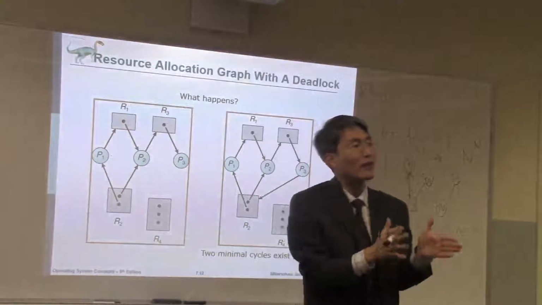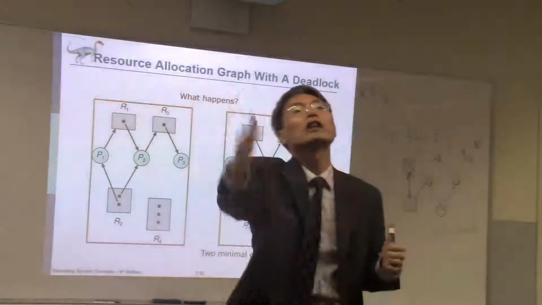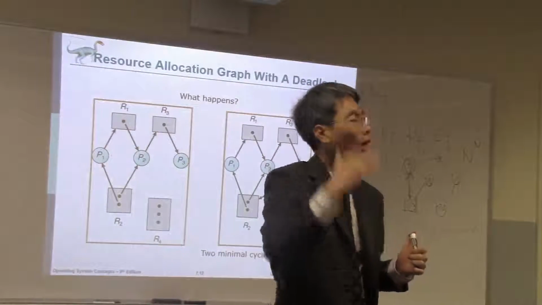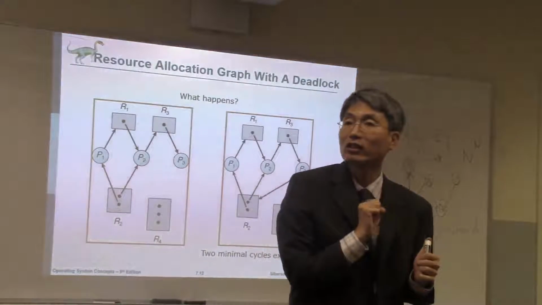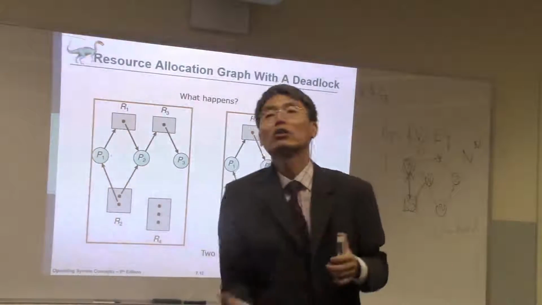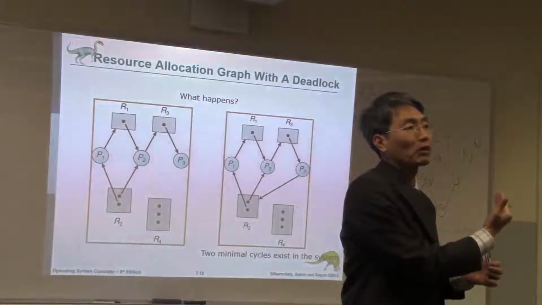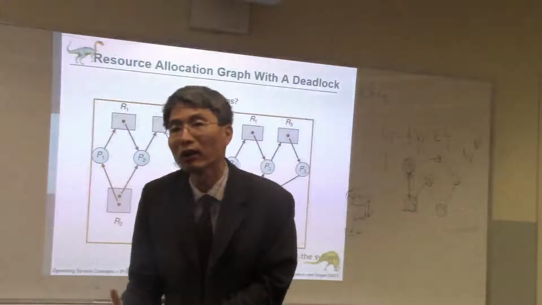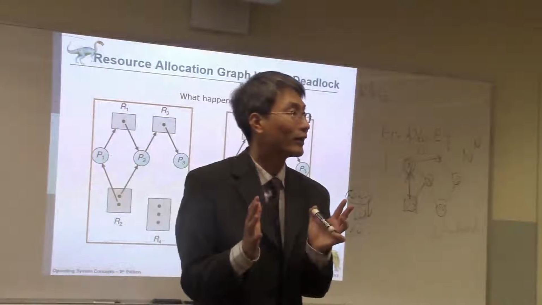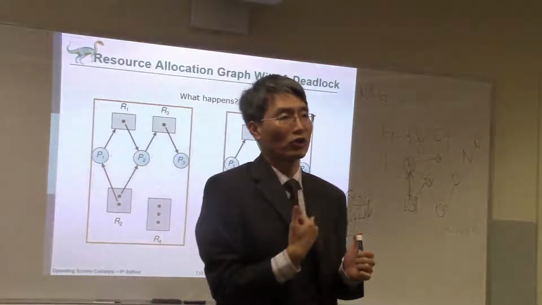If it is a safe state, yes, you give permission. Otherwise, in a non-safe state, you decline the request. So your operating system never enters the deadlock; instead, you avoid the deadlock.